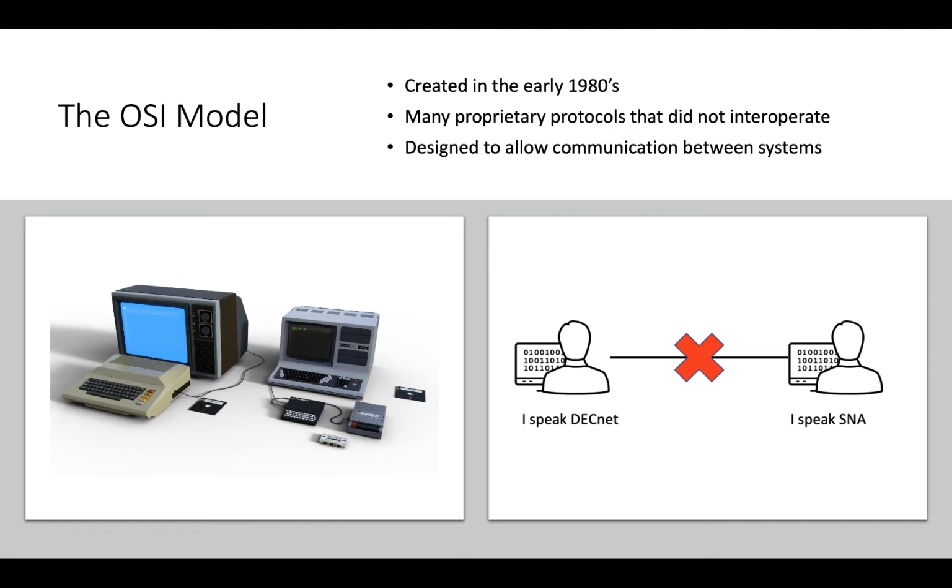It used to be that each manufacturer had their own networking protocol. So systems from one manufacturer would not be able to talk to systems from another manufacturer. The OSI model was designed as a reference guide that describes how systems from different manufacturers can communicate with each other.